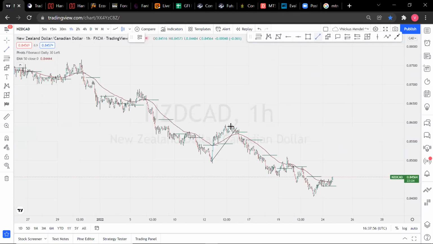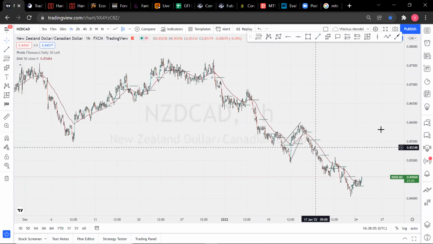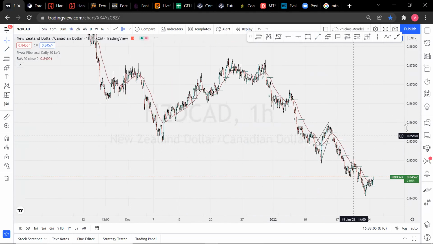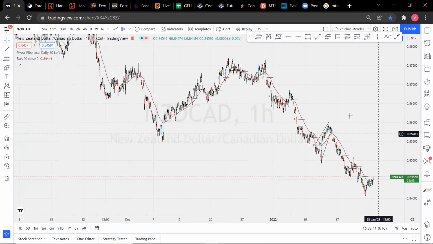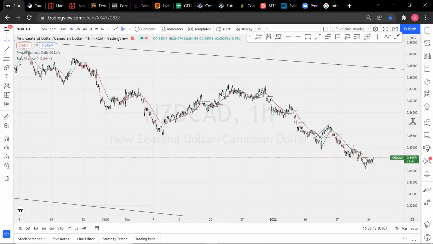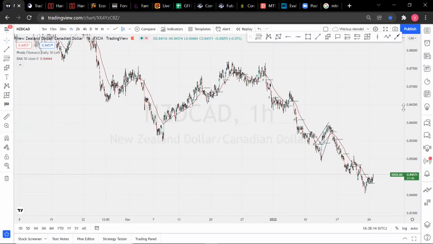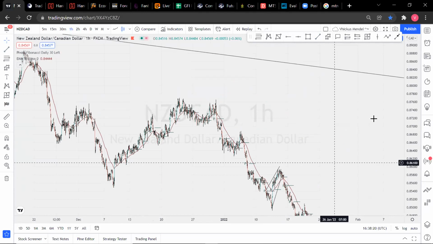But sometimes if you draw the major support and resistance on the daily time frame and you bring it to the hourly one, you will not be seeing the lines. The resistance will be up, up, up, and then the support will be down, down, down. Sometimes if you want to scroll and get to that place, the chart will become smaller.